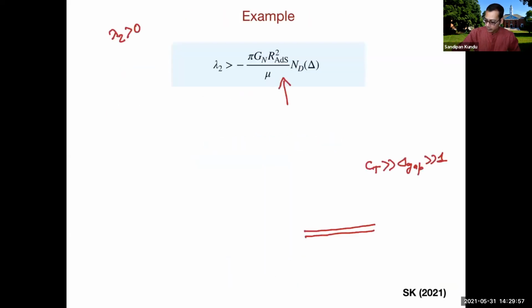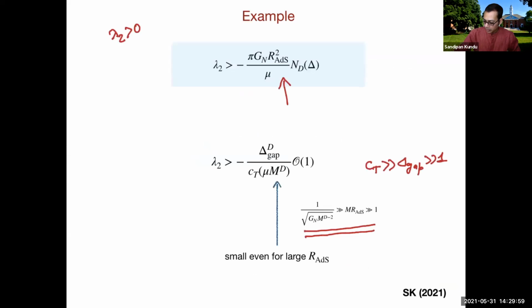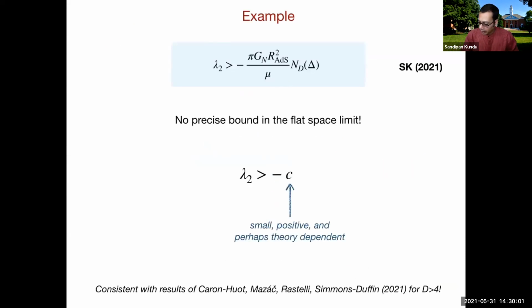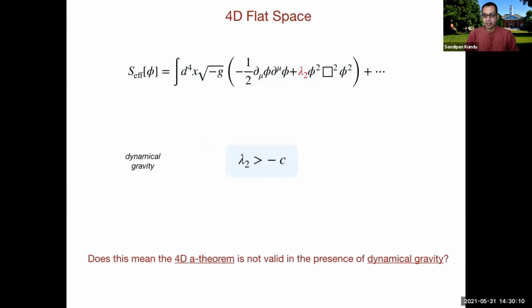Yeah. So as I said, that means basically this lambda2 can be a little bit negative. That's allowed now. But this leads to a very interesting question. As I said in the beginning, without dynamical gravity, positivity of this lambda2 is actually related to the fact that in 4D RG flows, there is the A theorem.